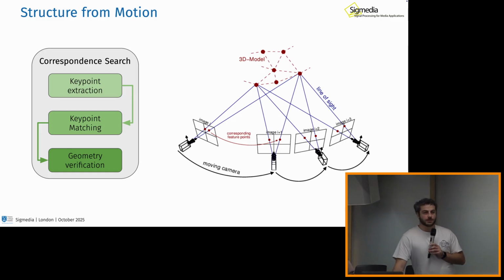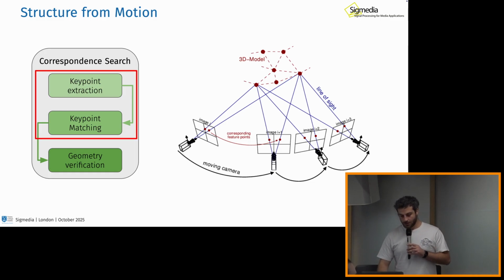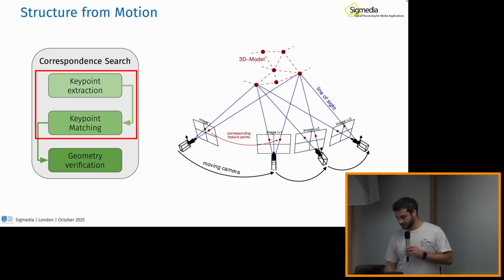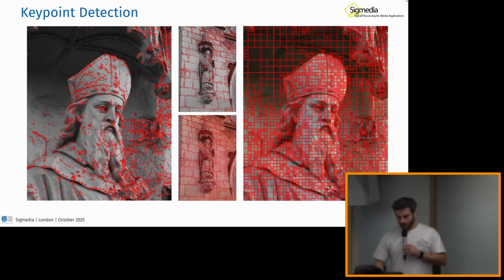As I said, for the correspondence search, you basically find points of interest in your image, and you try to match them between all images in order to get multiple points of view of that specific point, so you can get the 3D position. Our goal is to replace those first two processing bits. Why? Because it's always really time consuming and it uses a lot of computing power.